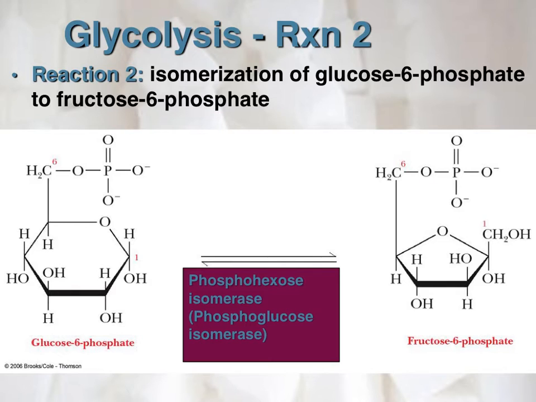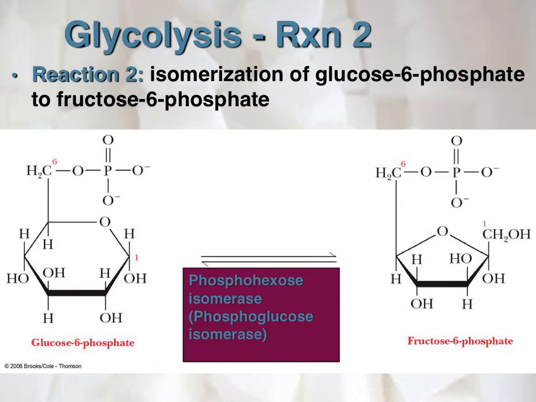A lot of times I'm going to abbreviate. I could have covered up the glucose 6-phosphate and shown you the name and the product, and I would expect you to figure out the substrate that started. Sometimes they even like to abbreviate, or I may abbreviate later on: glucose becomes glucose 6-phosphate.